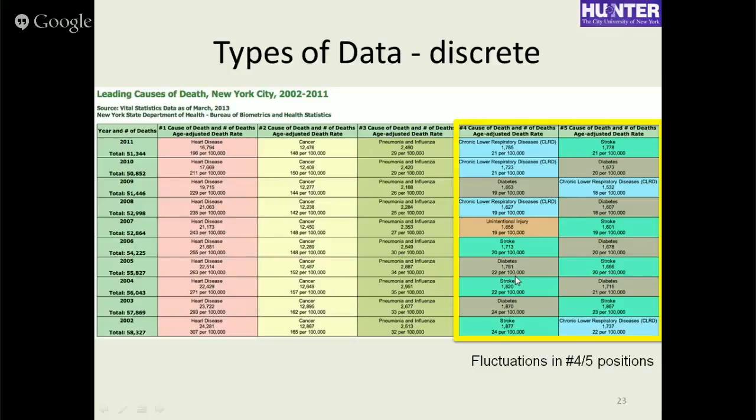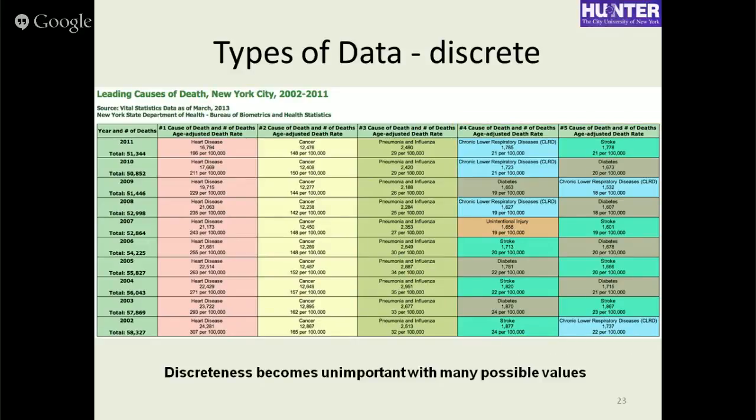So if you were to think of 1 year as being a sample of all of the victims of these diseases over a large amount of time being the population, then you would have sampling variation from year to year, just due to the people who happened to be around that year and to random events. And again, discreteness becomes really unimportant when you have a lot of possible values, like thousands of deaths.